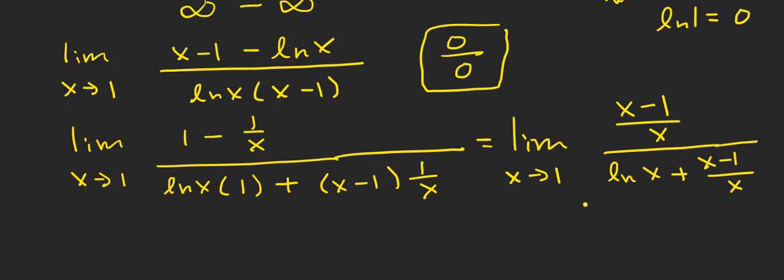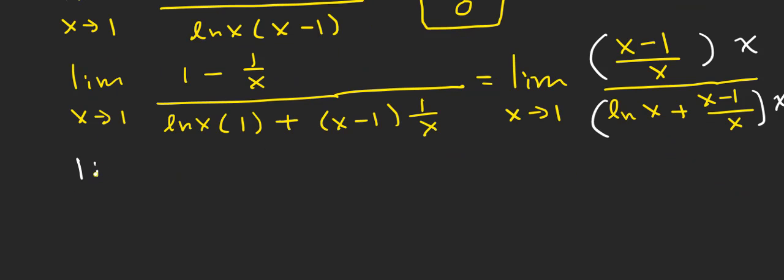So I want to kind of simplify this. So this is a complex fraction. I want to multiply the top by x and then the bottom by x, because I want to get rid of the x.